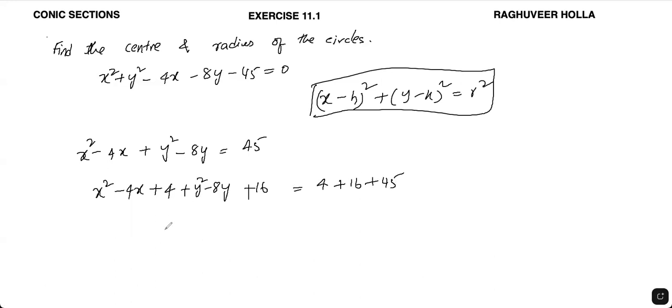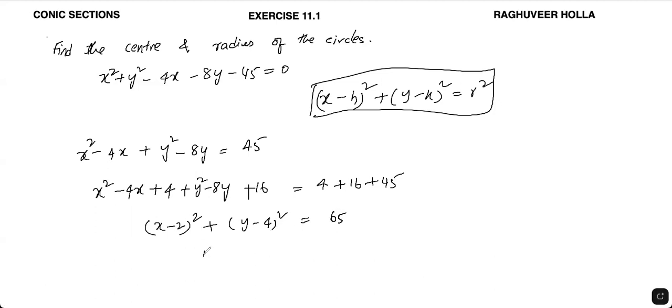So we got on the left hand side (x minus 2) whole square, and this will be (y minus 4) whole square, and when you simplify, this will be 65.